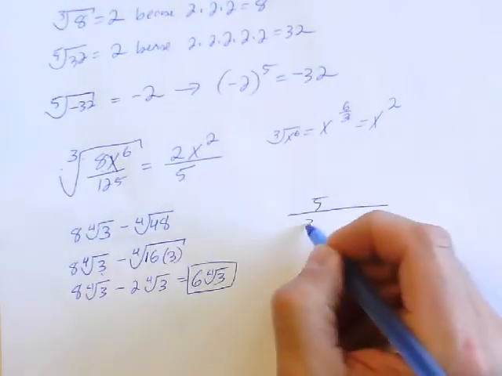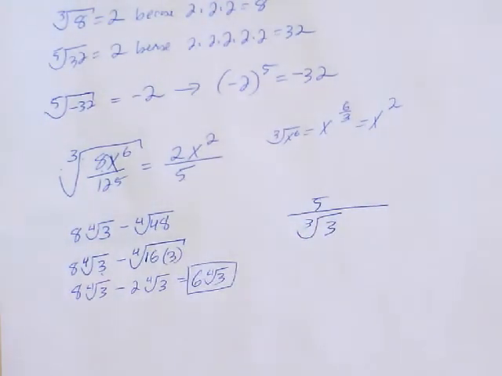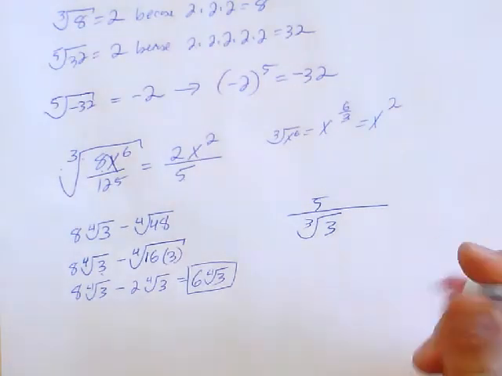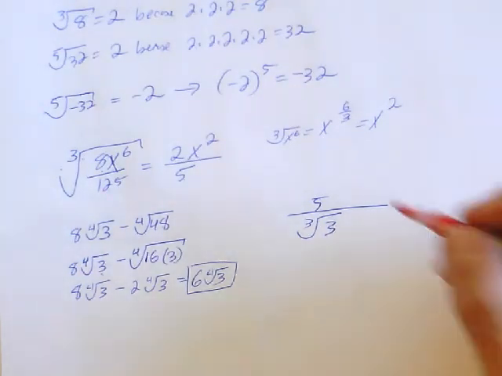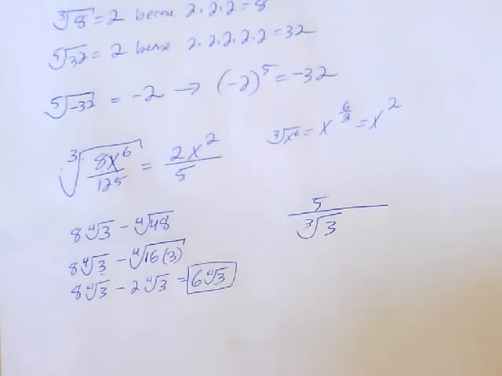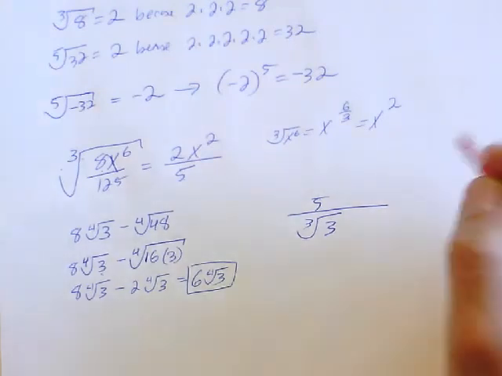If you wanted to do 5 divided by the cube root of 3, this is a little bit more of a challenge, because you're looking for the cube root of 3, right? Well, there is no cube root of 3, but you still need to rationalize this denominator.